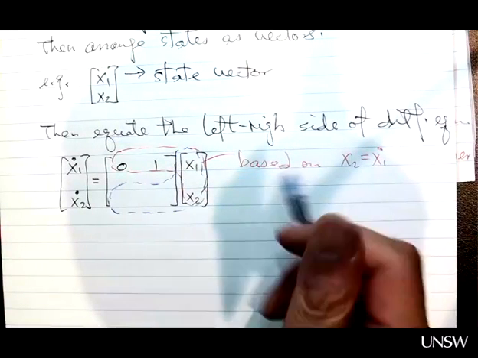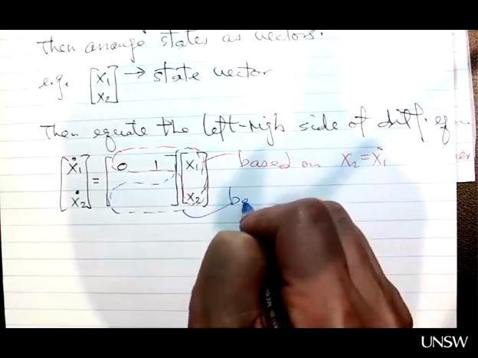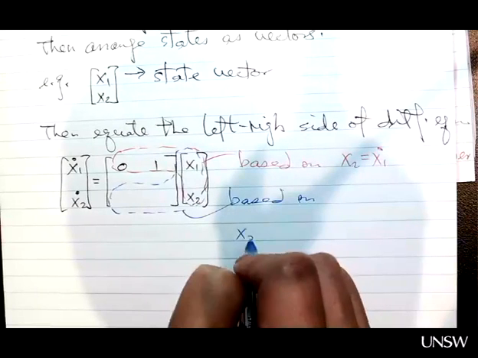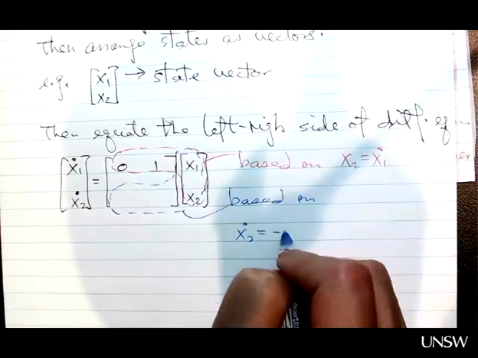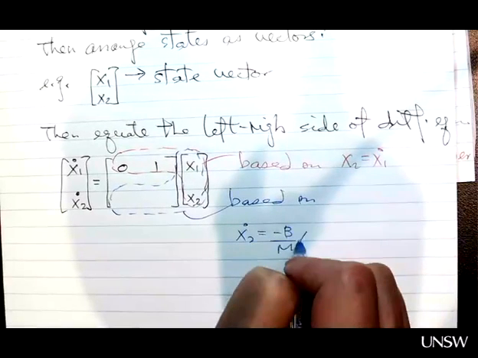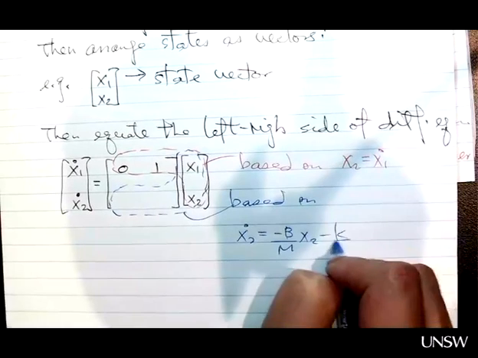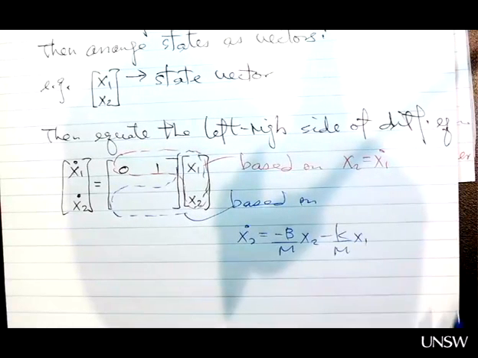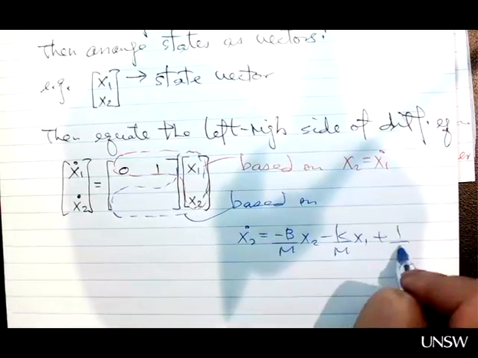This part is based on the equation x2 dot equals minus b over m x2 minus k over m x1, and then we have plus 1 over m f.